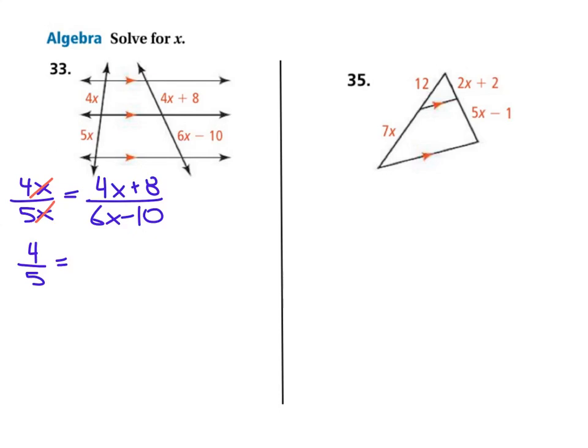If we divide everything by 2 here, we get 2x plus 4 over 3x minus 5.